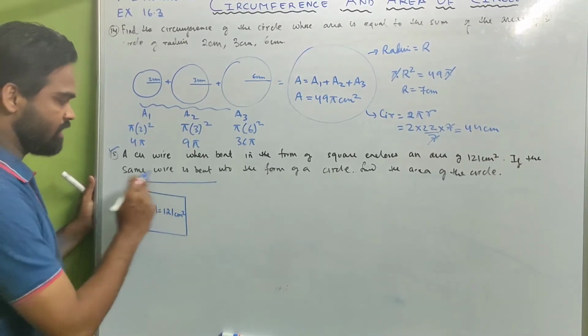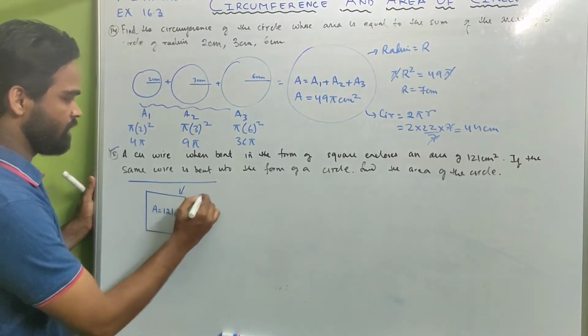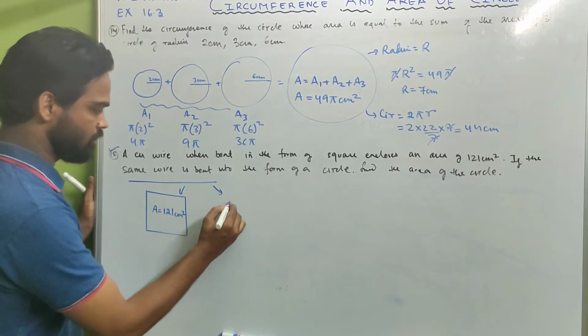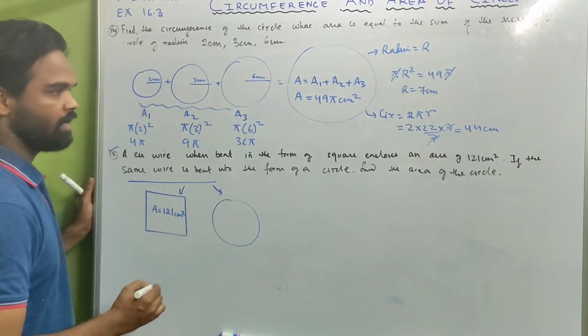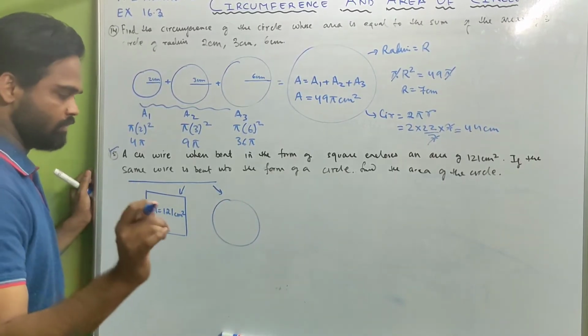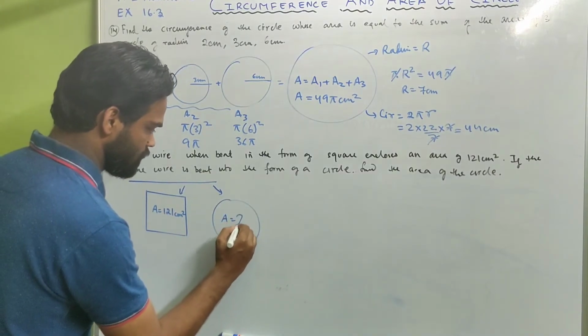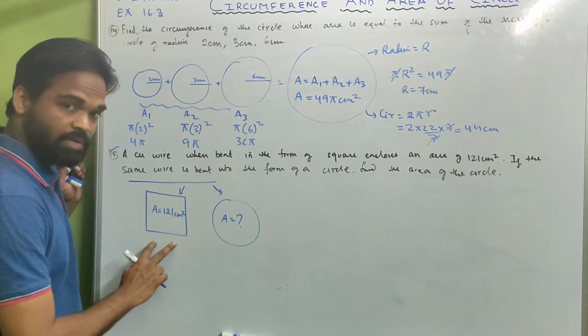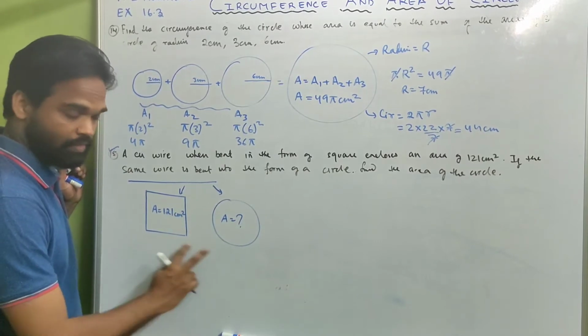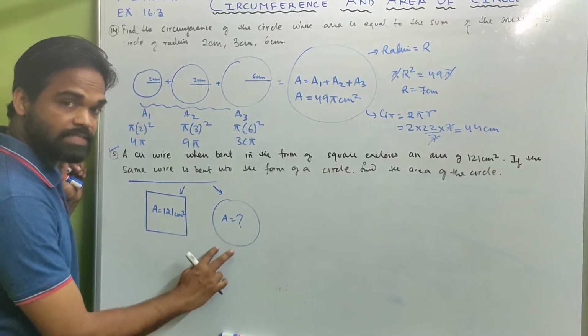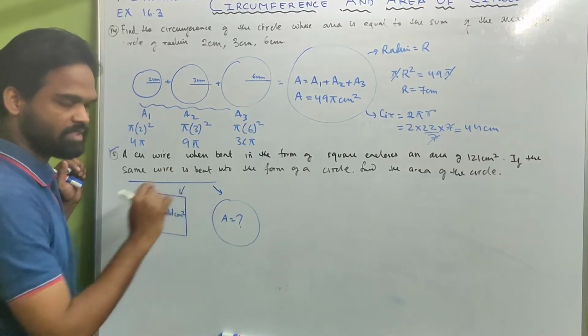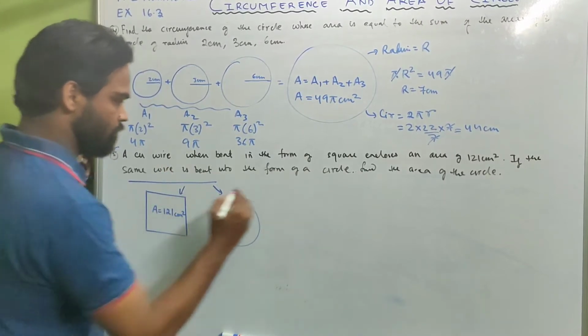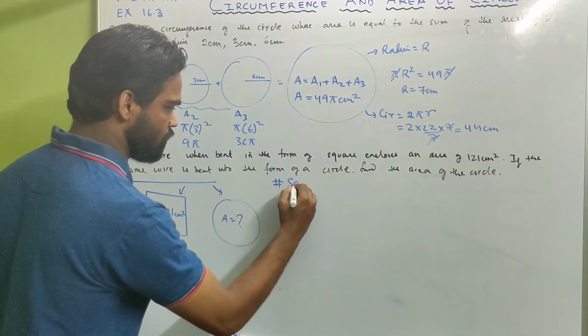If the same wire is bent to form a circle, okay, find the area of the circle. Now look carefully, they ask the area of this. Area won't be the same, okay, but the perimeter of this square and the circumference of this circle have to be the same because of the same wire. Now for the square, just look carefully.